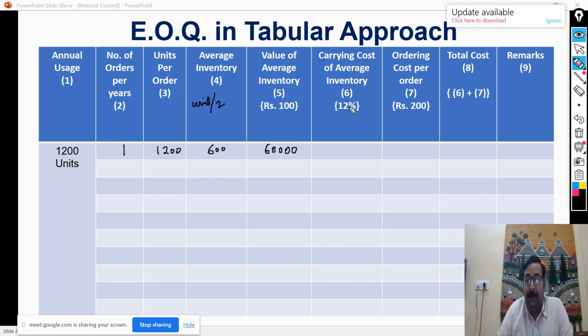Carrying cost 12%, that is 12% of 60,000, that is 7,200. Ordering cost per order 200, and number of orders per year 1, then ordering cost is 200, then total cost 7,400. Is it clear? Please respond.